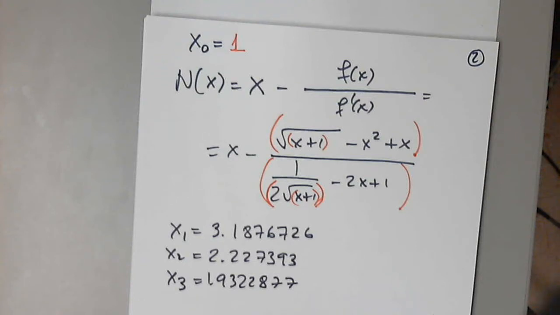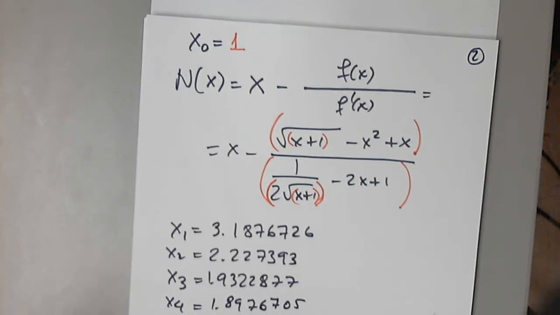And then I repeat. So x4 was 1.8976705, and x5 is 1.89711795. So I know that once I go to 6, it's going to be the same thing. So I don't care for the last one, but I need to see it to make sure that I have to stop.